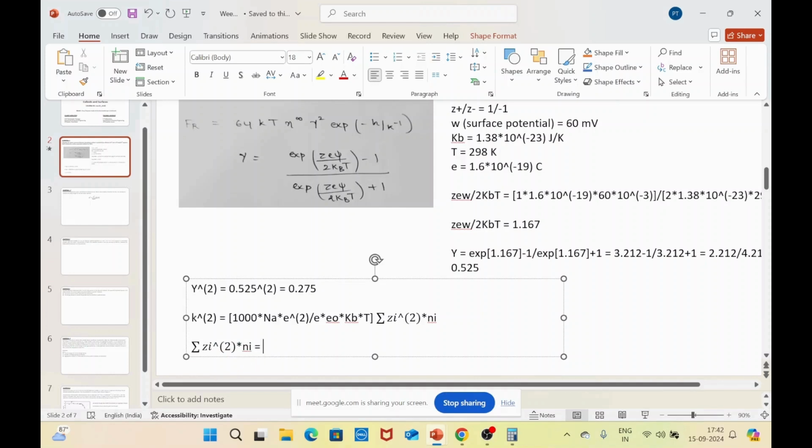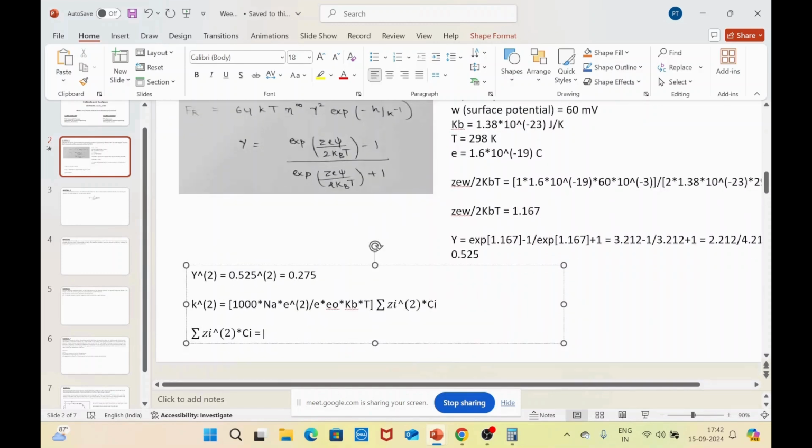Oh, sorry, this should be Ci. So here is NaCl solution.